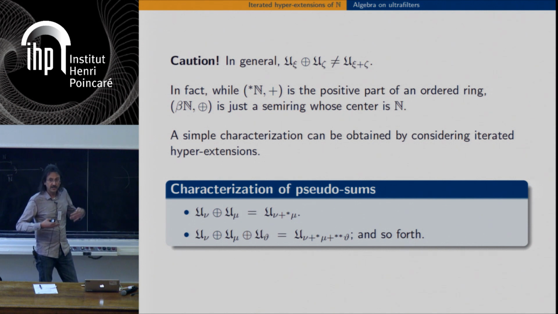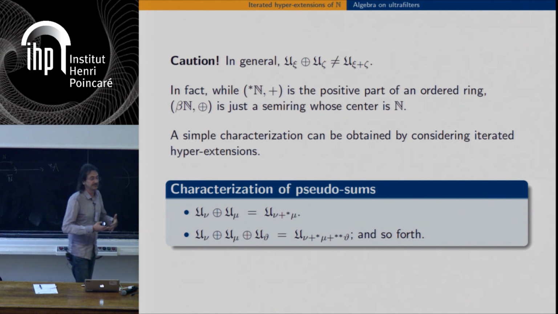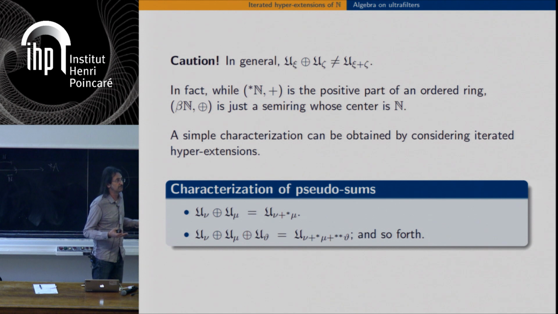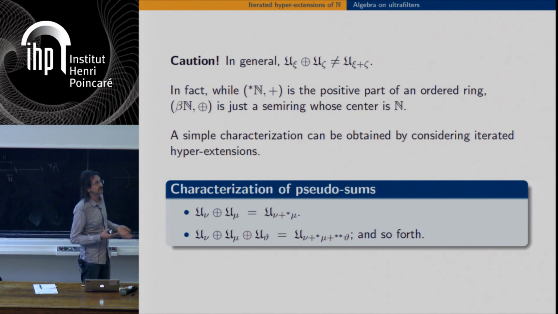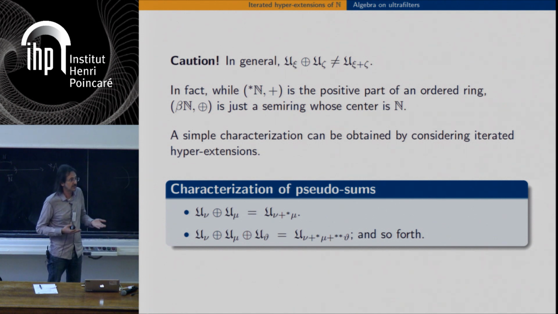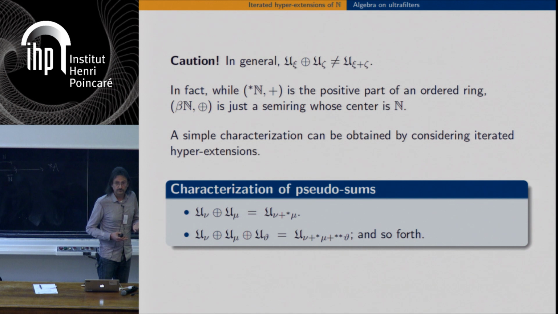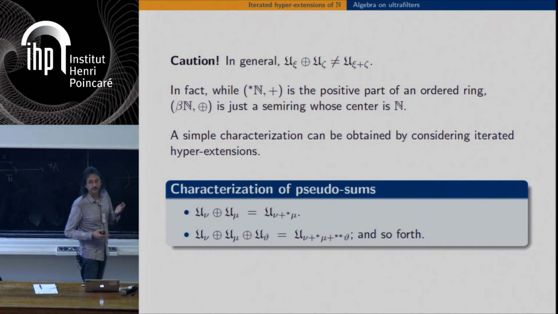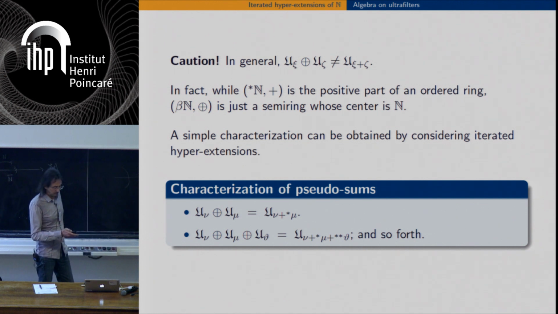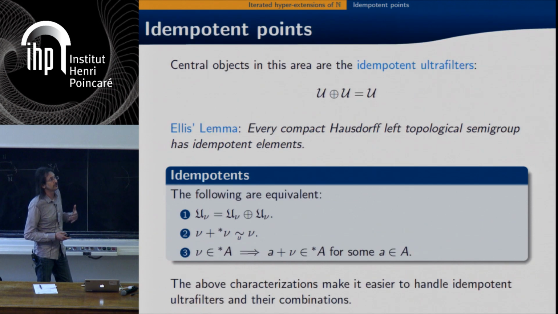But here the iteration of non-standard extension helps, in the sense that it makes things simple. If you want the sum between the ultrafilter generated by Ni and the one generated by Mi, you just take the element Ni plus star Mi, which is essentially different from Mi plus Ni. Now, how can one use this?